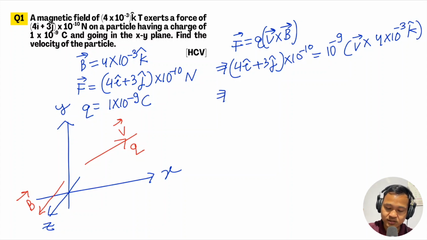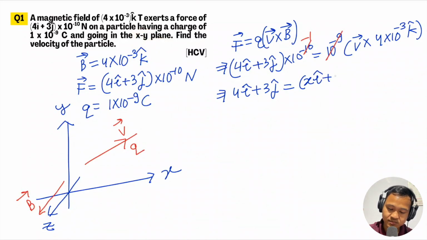Cancelling the powers of ten, 4i plus 3j should be equal to V cross B. We can do one thing here: since V is in the xy plane, I can write V as x i plus y j, with no z component.